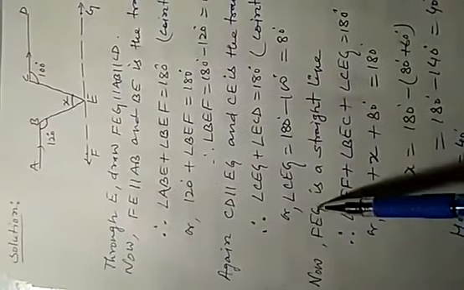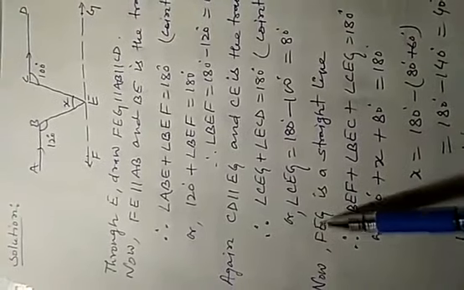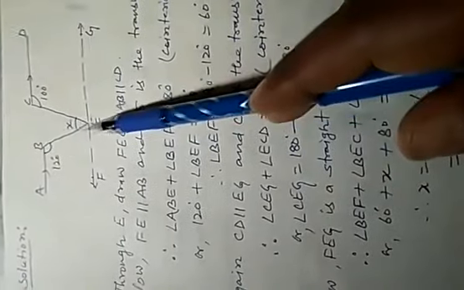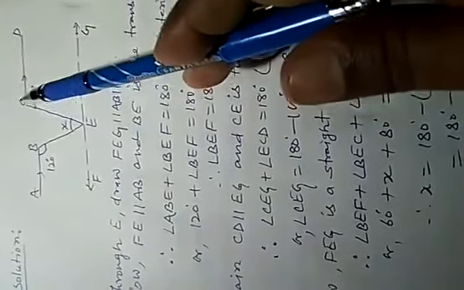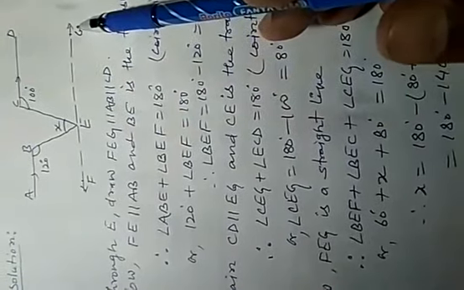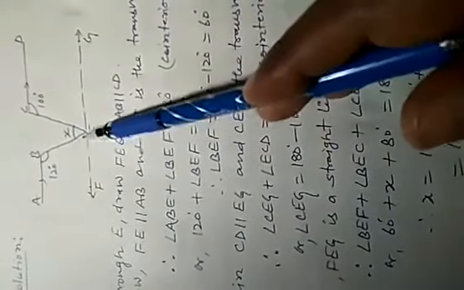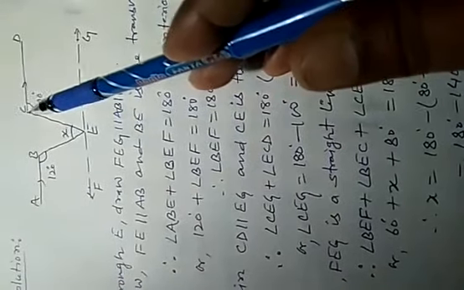Now, FEG is a straight line. Therefore, angle BEF plus angle BEC plus angle CEG is equal to 180 degrees.